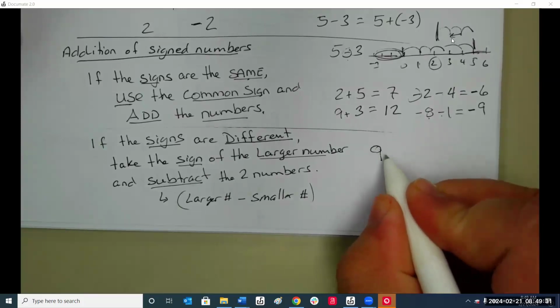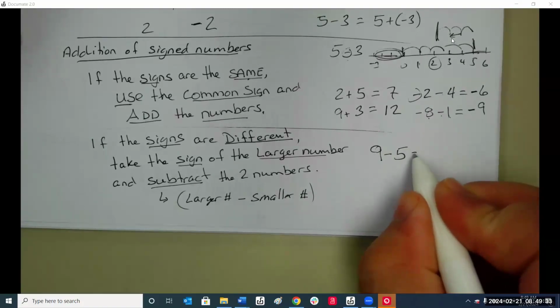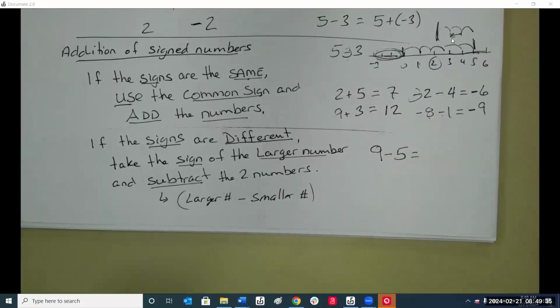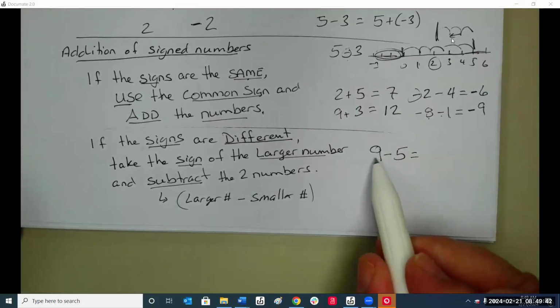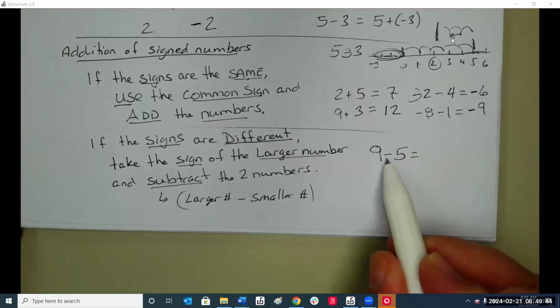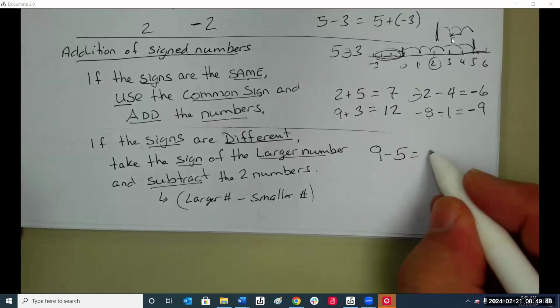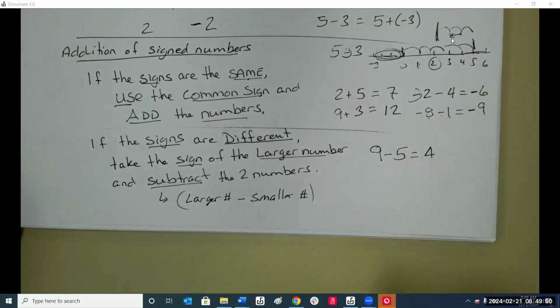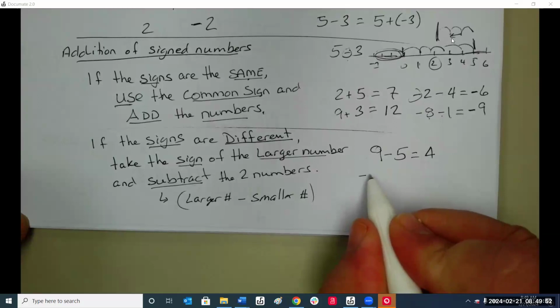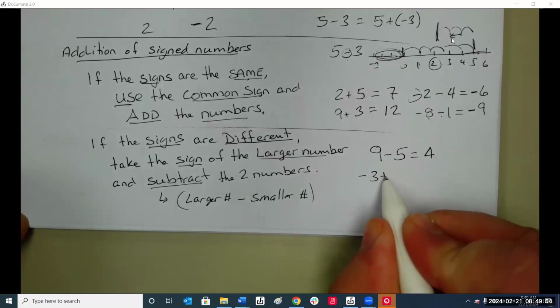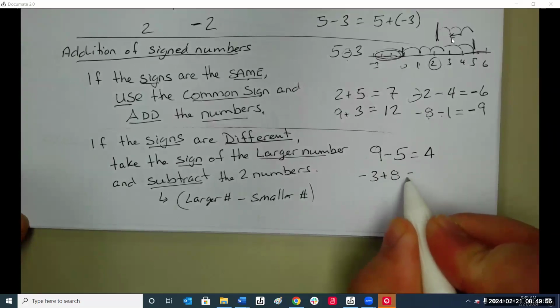So 9 minus 5. Is the answer going to be positive or negative? Yeah, because 9 is positive, 5 is negative. 9's bigger, so the answer should be positive. What is 9 minus 5? Negative 3 plus 8.